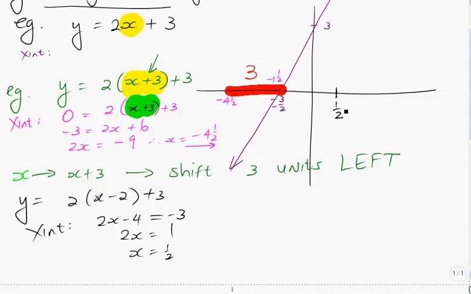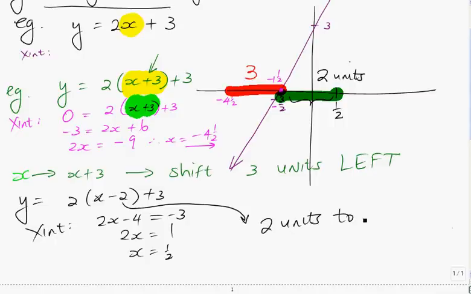Now what is the distance from minus 1.5 up to half? You can see the total distance there is exactly 2 units. So what is the moral of the story? It means that the function has moved from minus 1.5 all the way up to half, a distance of 2 units. So because we have a minus 2 here, we can say the graph has moved 2 units to the right. So when you have a minus 2, it moves 2 units to the right.